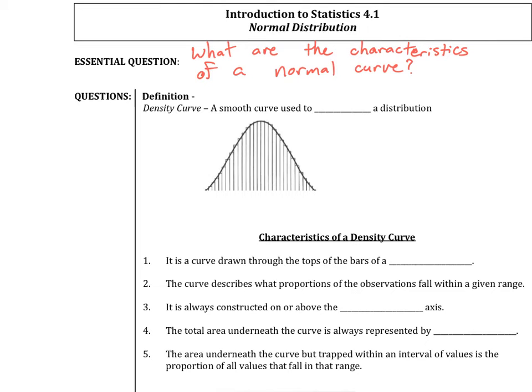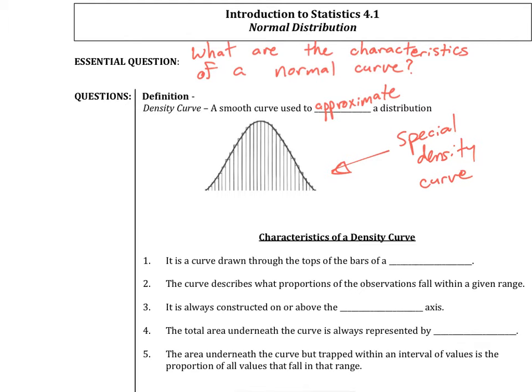So the question we're going to answer is, what are the characteristics of a normal curve? A density curve is a smooth curve used to approximate a distribution. Okay, so this is a special density curve.